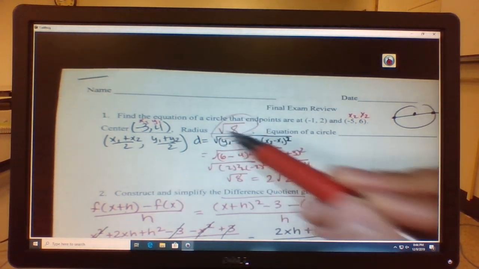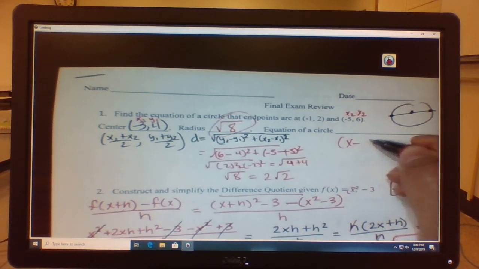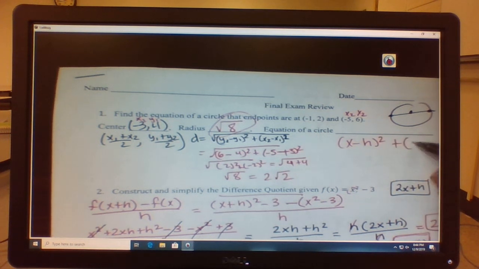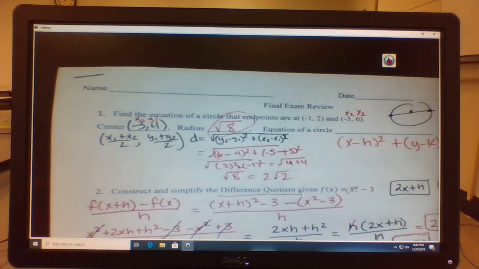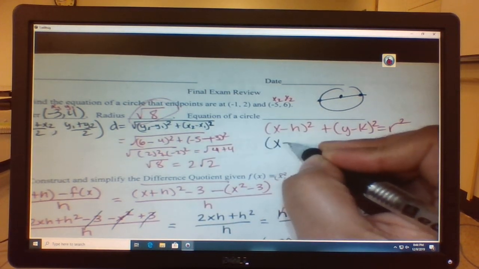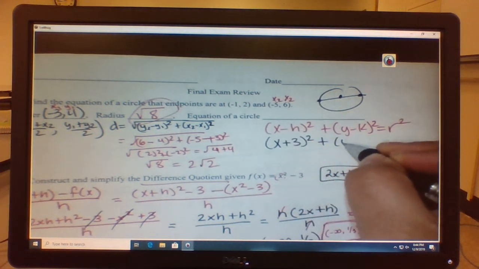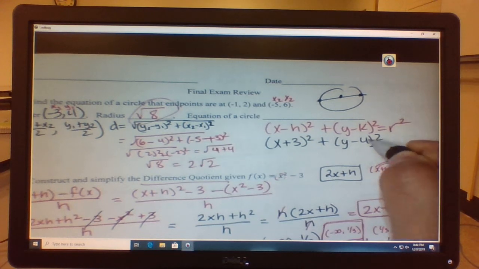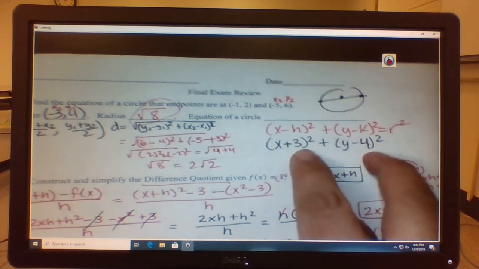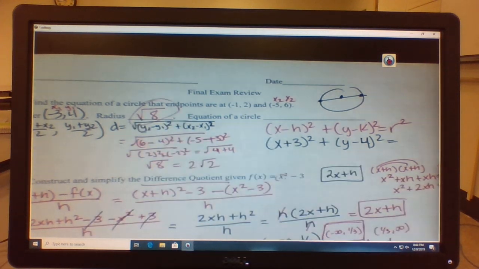I would keep it like this because when you do the formula for the circle, in case you forgot, this is it. Your center, x plus 3 squared, y minus 4 squared, that comes from your center, and your radius, if I square this, what do I get?